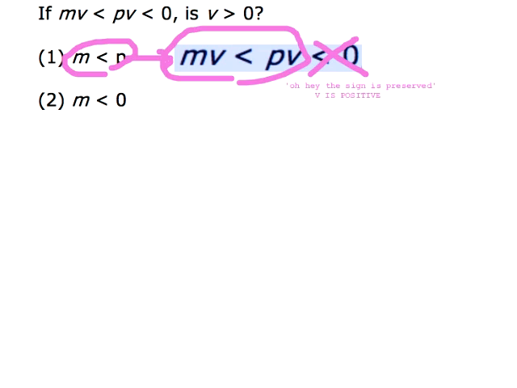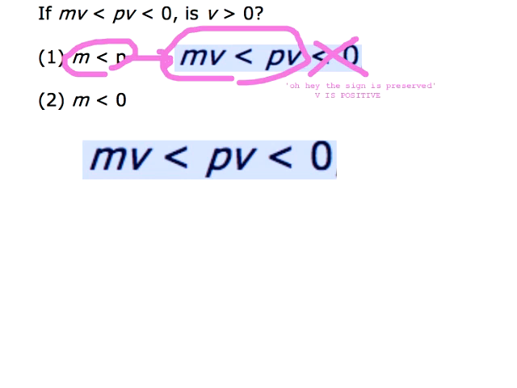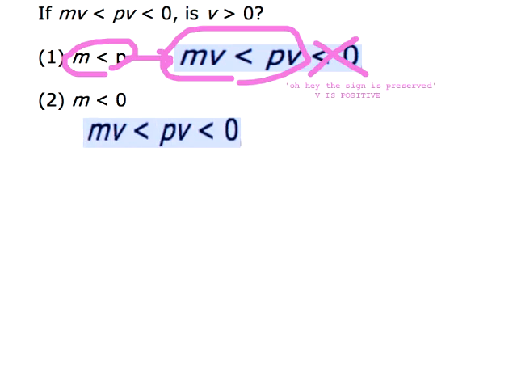And then similarly, here's that three-way inequality again. This time we don't need the meat of the sandwich. We can just use the slices, I mean, just use the m being less than 0, this and this.